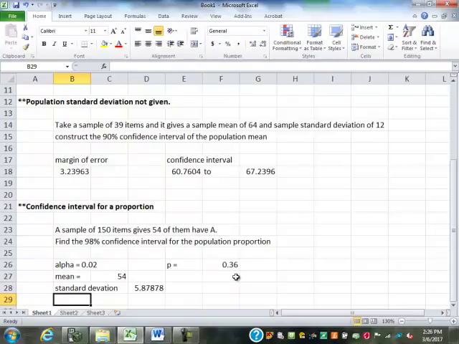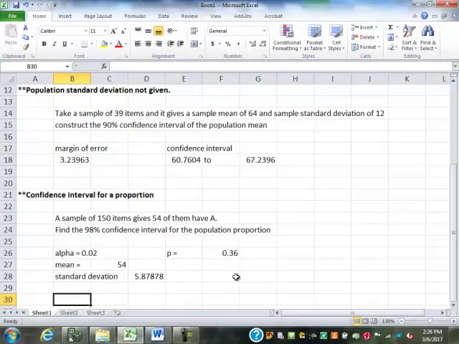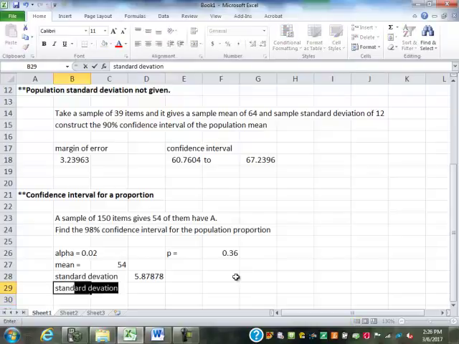So we get a standard deviation of 5.87878. So now in my confidence, I'm going to find my margin of error here. Sorry, my standard error here. Oh no, actually, let's plug this in.